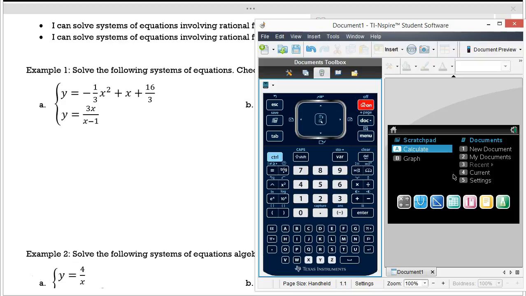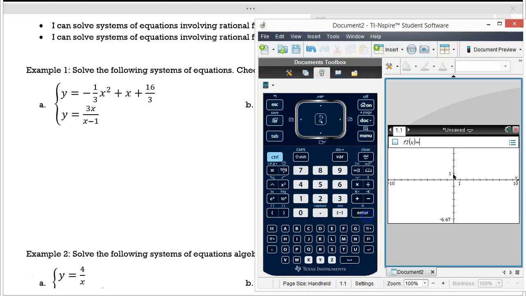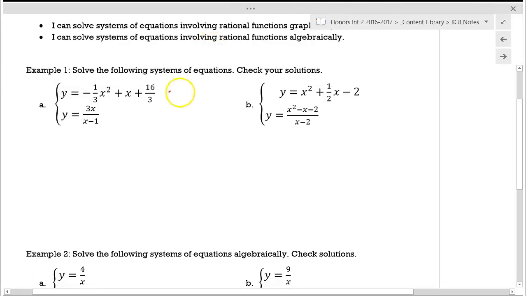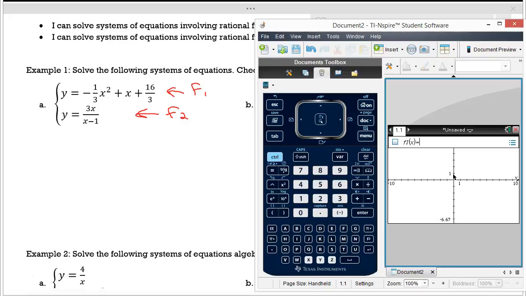In order to solve with a graphing calculator, we're going to open a new document and add a graph. This is going to be F1, and this is going to be F2. So I'm going to graph both of these as two different functions.